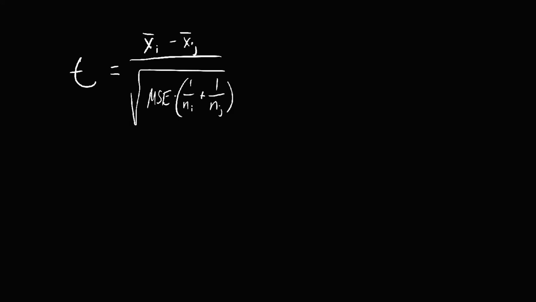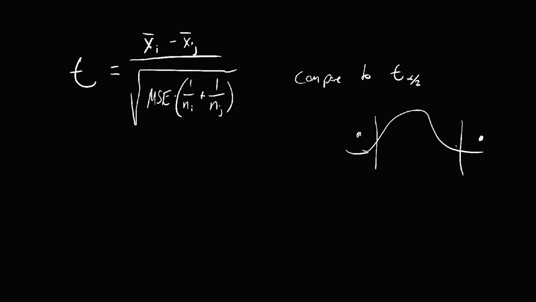So this was my test statistic t, and then I would compare this to t of alpha over 2. And again, I'm comparing if it's bigger than the large cutoff or smaller than the small cutoff. That's when I would reject on either side of here, and then the middle is fail to reject.